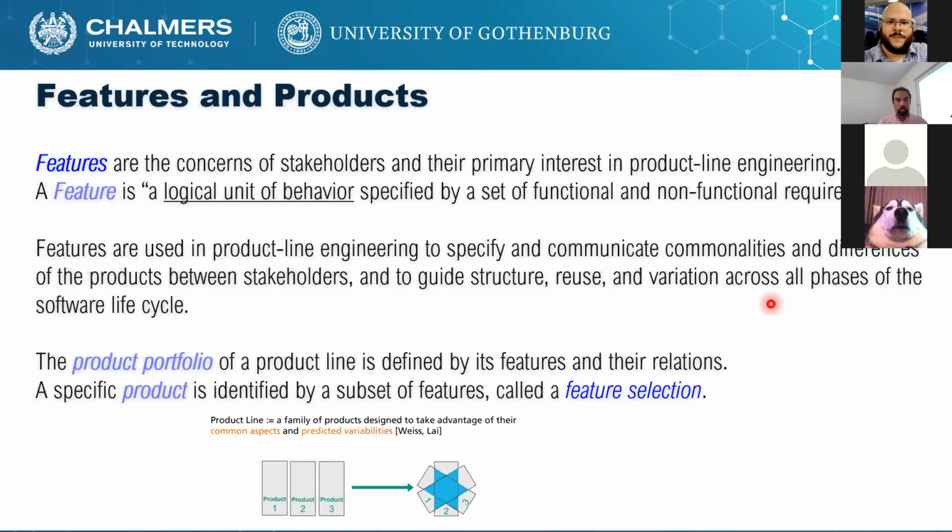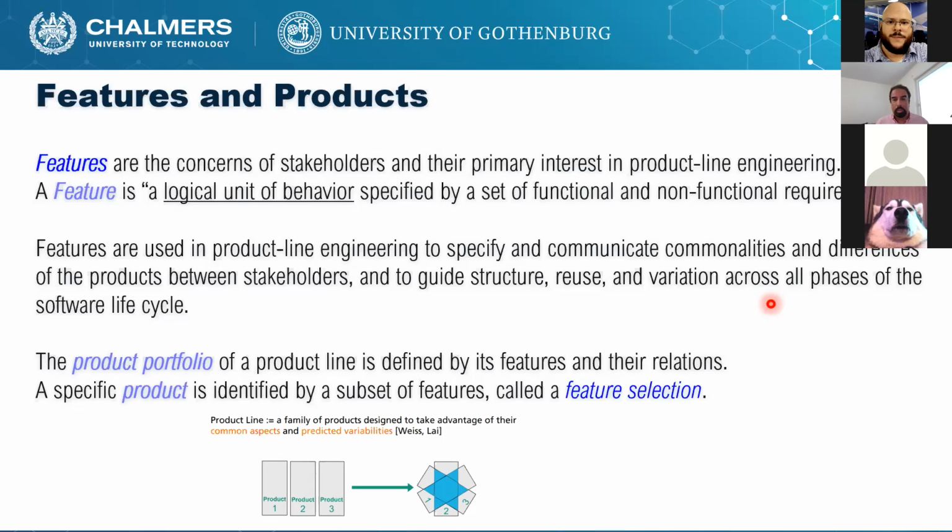The software attributes or architectural attributes are features, and they could be functional and non-functional, and they could be concepts, abstracts, and they could be artifacts, and we will talk about this later. So a feature is a logical unit.